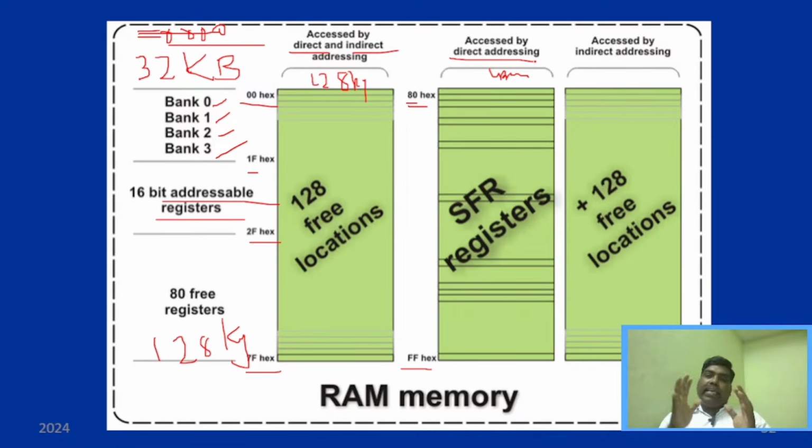Only SFR, that is special function register, can be accessed using direct addressing mode here. Apart from that, the remaining memory locations in the upper 128 byte RAM can be accessed indirectly. Clear? This is about the memory organization of RAM.